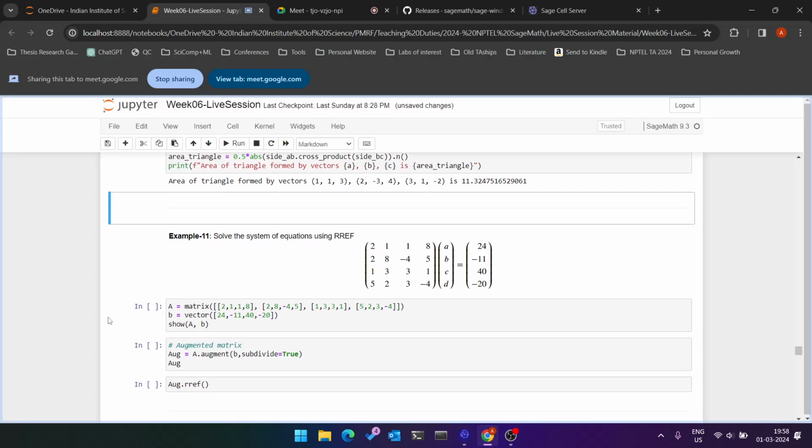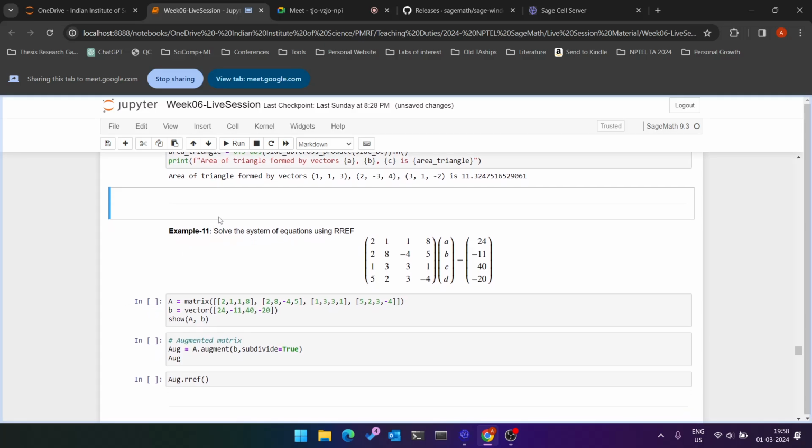The first example that we have on that is on solving a system of equations using row reduced echelon form, RREF. So the system of equations I've already written in matrix form is basically 2a plus b plus c plus 8d equaling 24, and similarly you can look at the other 3 equations from this.